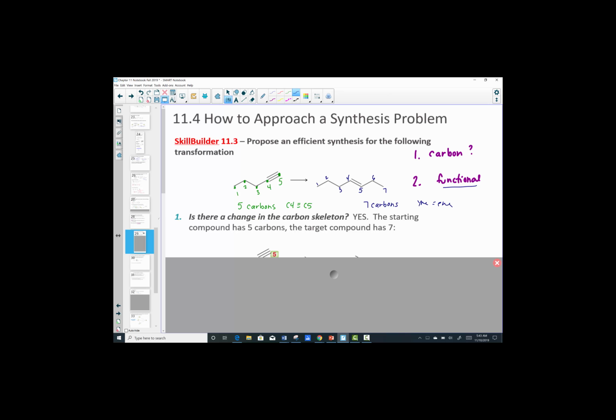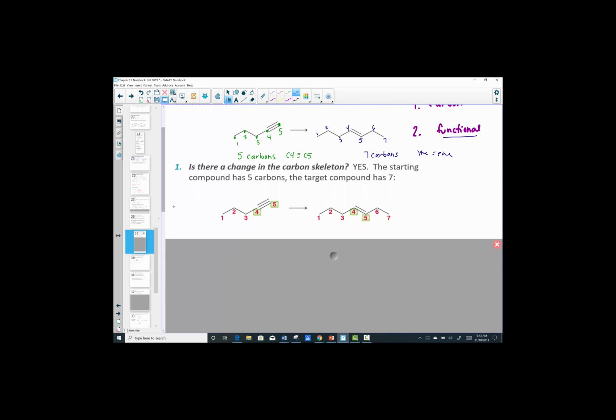So those first key essential questions: is there a change in the carbon skeleton? Yes, there is, because I started at 5 carbons with a triple bond between 4 and 5, and now it's a 7 carbon chain on the product side, so we have to add 2 more carbons.